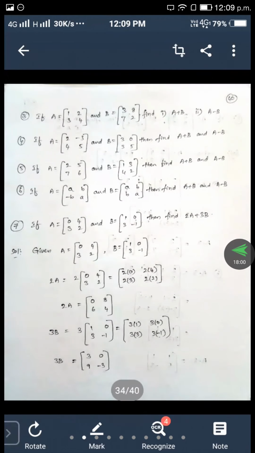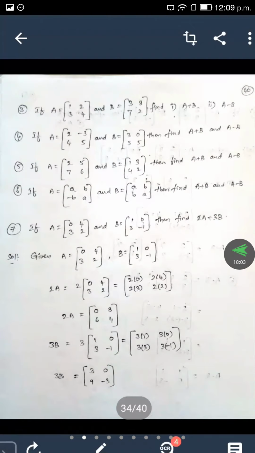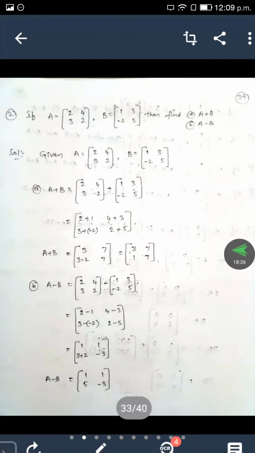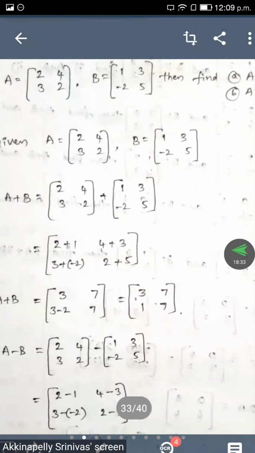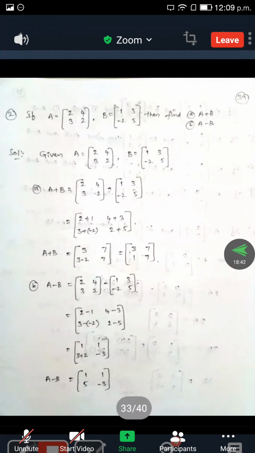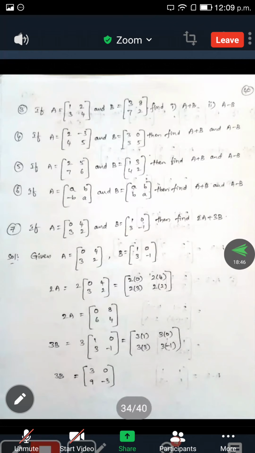See here, for each block, 3, 4, 5, 6 are there. Next, for 2 by 2 matrices, to add or subtract, the first condition to check is whether both matrices have the same order or not. This is 2 by 2 and this is also 2 by 2, the same order, so we can add or subtract. Okay, next problem.